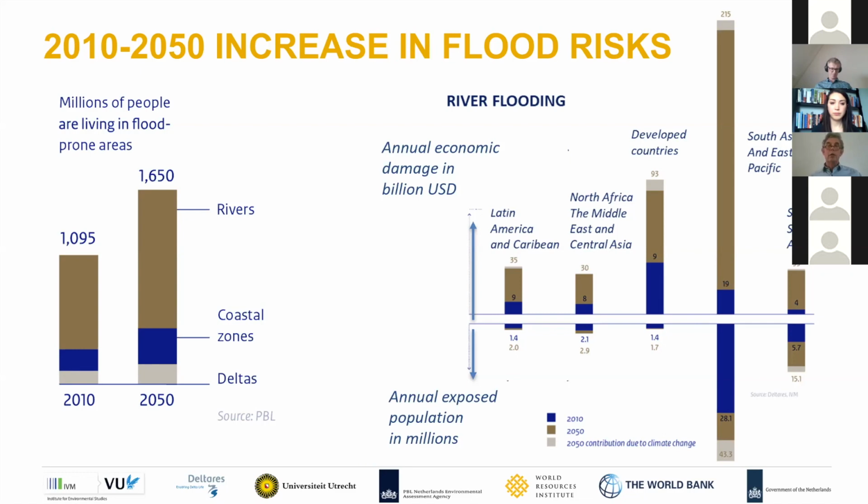The browns are the 2050 projections, and the 2010 are the blue ones. And as already mentioned before, you see an enormous domination of the flood risks in South Asia and East Asia Pacific, but also Sub-Saharan Africa is increasing.